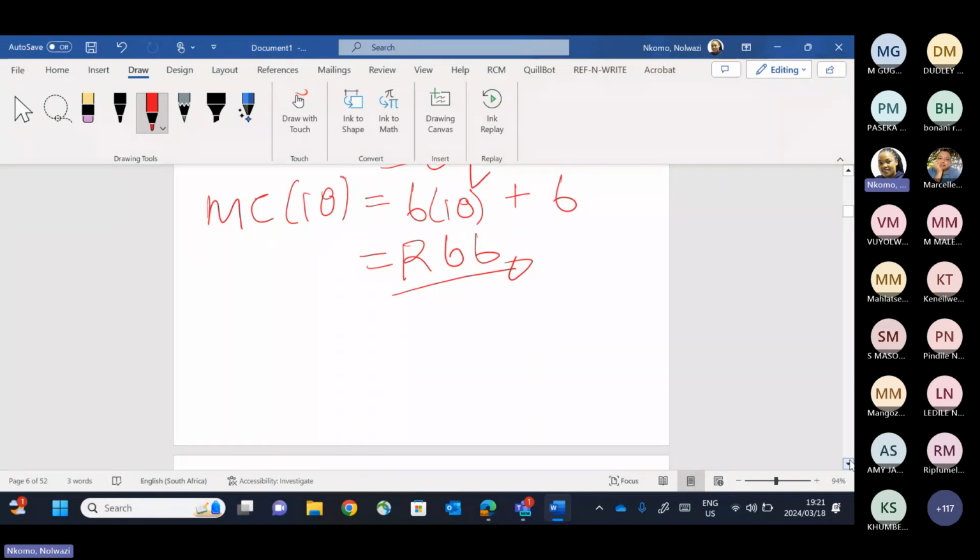The function that's used to represent the production function gives the relation between the inputs and the outputs.